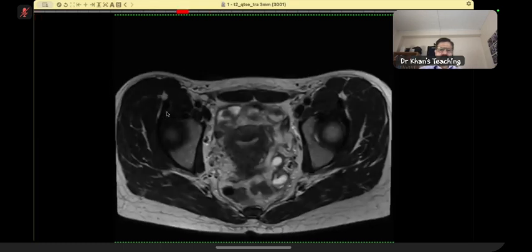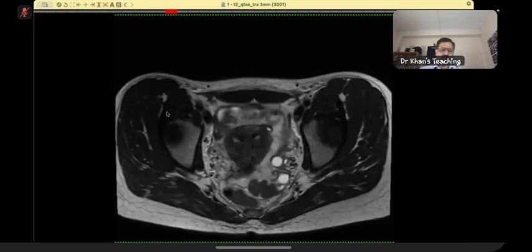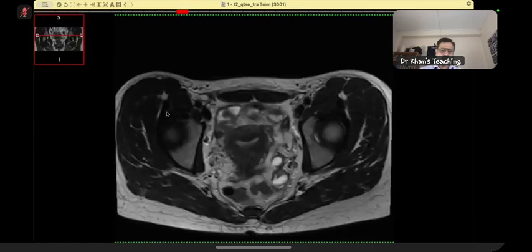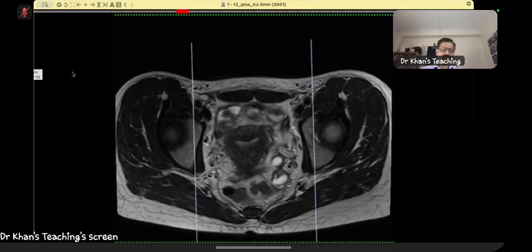Now, the candidate did very well where they mentioned an arcuate uterus. Now, what is an arcuate uterus? If you Google it and try to differentiate between arcuate and septate uterus, just go to images and see the difference.